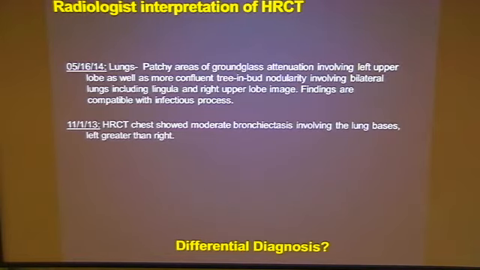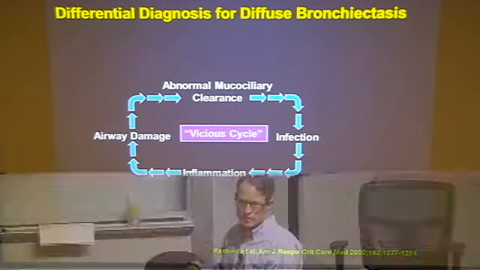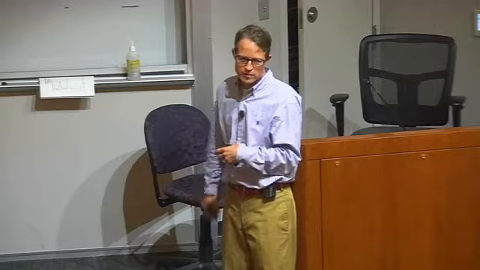Is it usually patchy like that, or are you going to see it on almost all the slices? Depends on the severity, yeah. And that sort of leads me into my next slide. So bronchiectasis can be focal. It can just be in one lobe. That usually is because you've got airway obstruction.